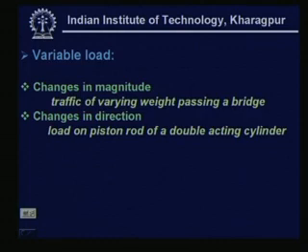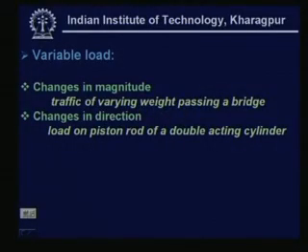That means the load on the bridge is continuously changing, one car passing, then another car passing. So, obviously, the bridge is not acted upon by a single magnitude; the point of application of the load is changing, and the magnitude is changing, because different vehicles have different weights. This is what we understand as a change in magnitude.